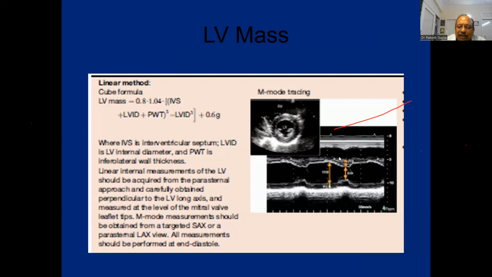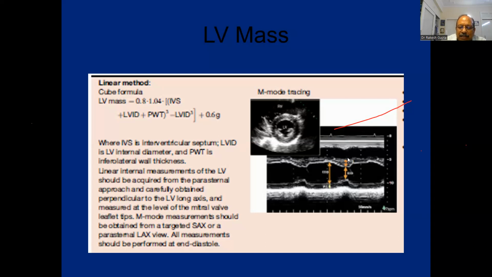What we'll get is this pattern of the image. We calculate RWT. RWT is 2 times the measurement of posterior wall in centimeters divided by left ventricular internal dimension during diastole in centimeters. That will give you RWT, relative wall thickness.